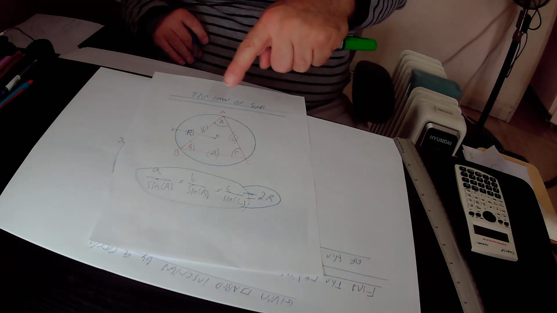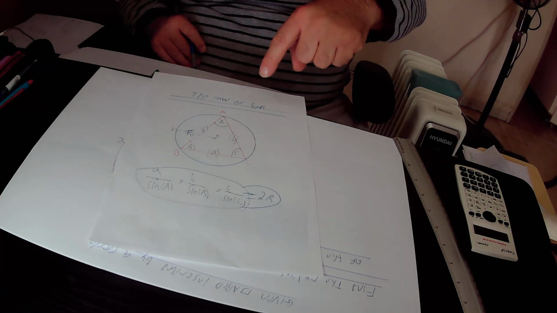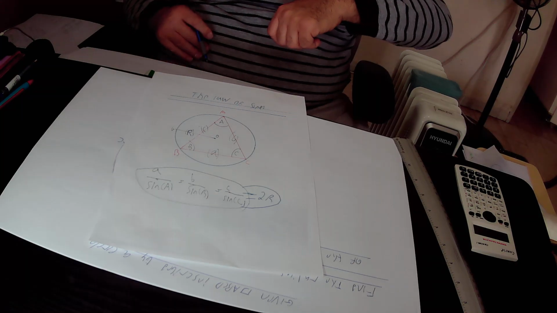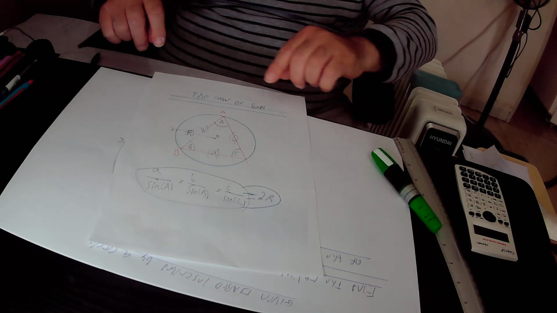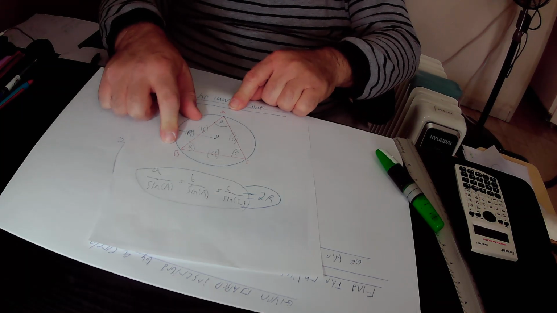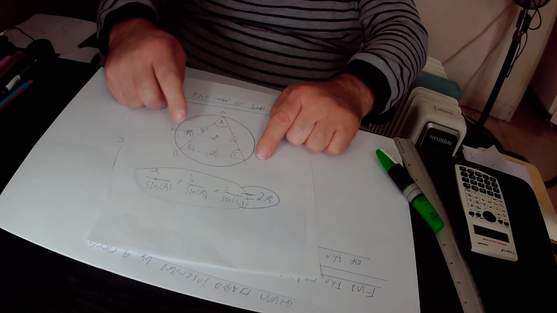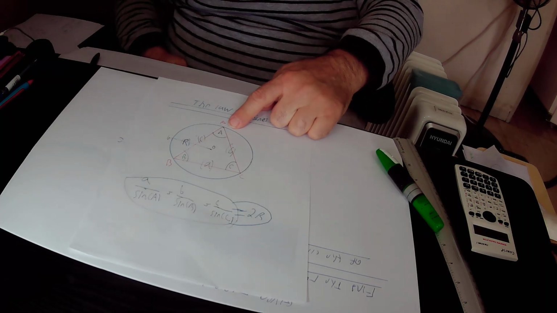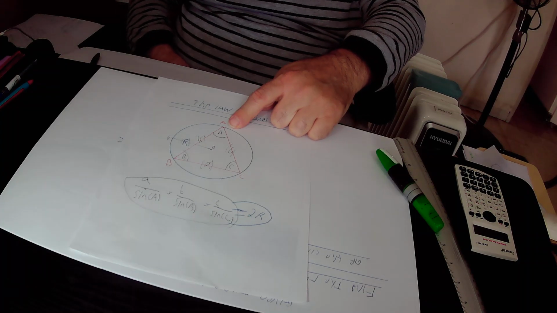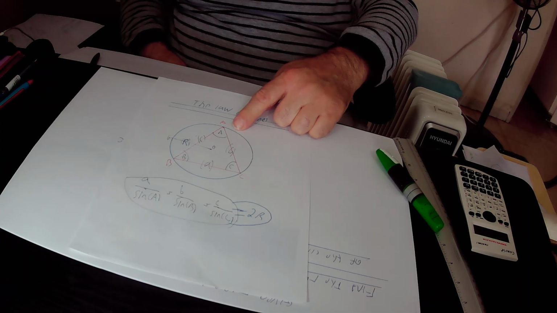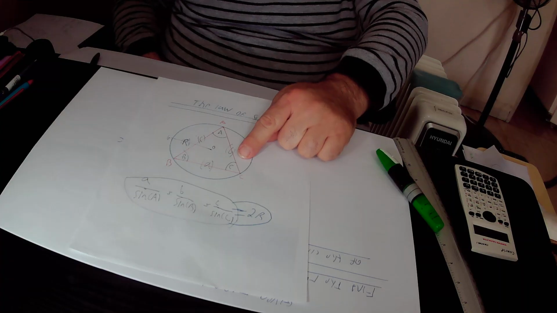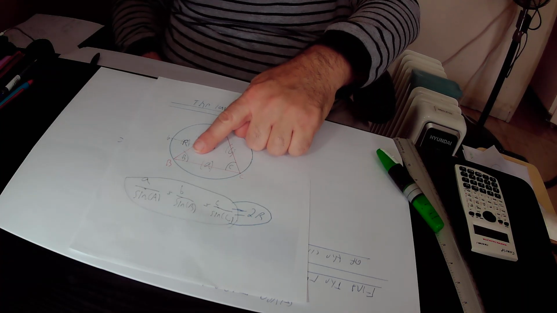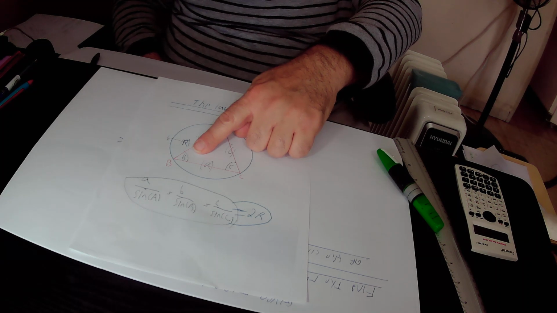This is triangle ABC that could be any triangle, described by this circle. AB equals c units in its length, AC equals b units, BC equals a units. This angle BAC equals capital A degrees in size. This is angle ACB that equals capital C degrees, and this is angle ABC that equals capital B degrees in size.